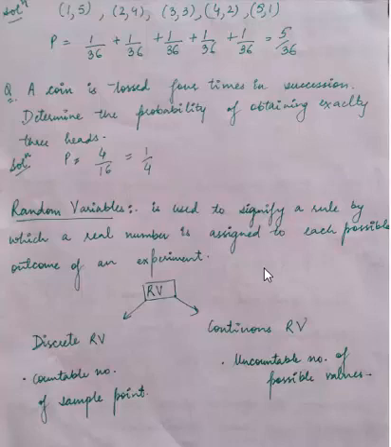For example, a person's height could be any value within a range of human heights, that is 42 to 70 centimeters. Suppose a person's height is 167.54 centimeters. So this is about random variables and the 2 types of random variables. In this lecture we just discussed the introduction to probability. Thank you.